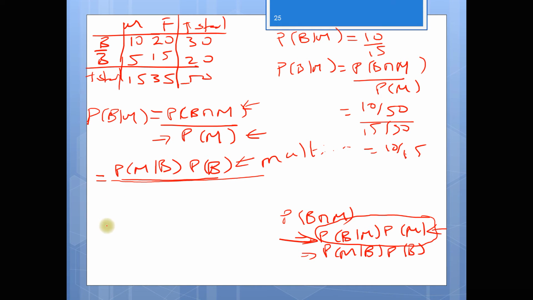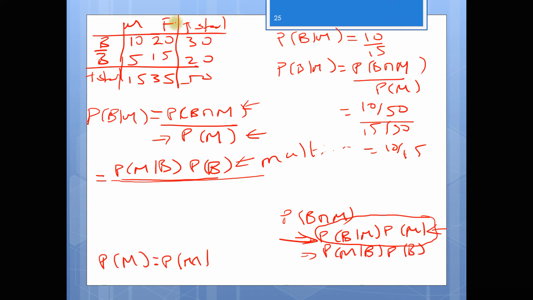Now, the total probability theorem, you remember: probability of B is equal to the probability of B given A times the probability of A, the Ai's. So the probability of B now is not B but M. So probability of M is equal to the probability of M given A1. What is A1 now?